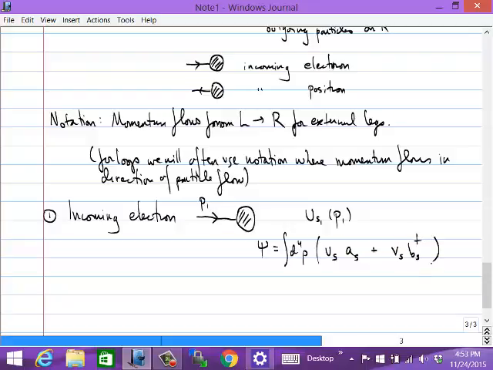And so if you want to describe a process where you have some incoming electron, then there's going to be a factor of the polarization of that electron in the Feynman diagram.